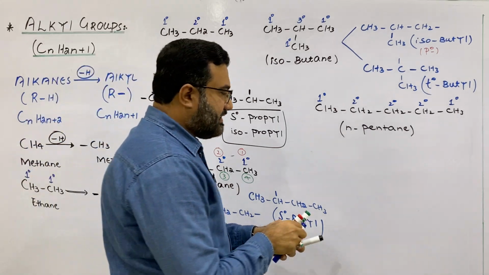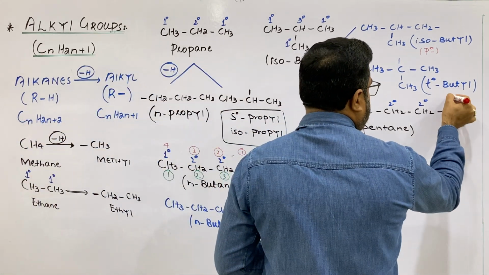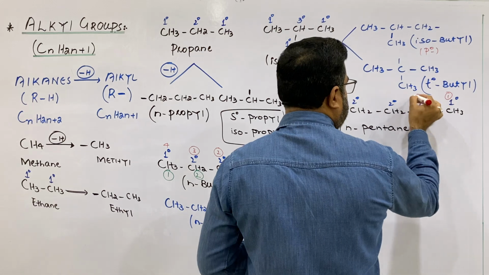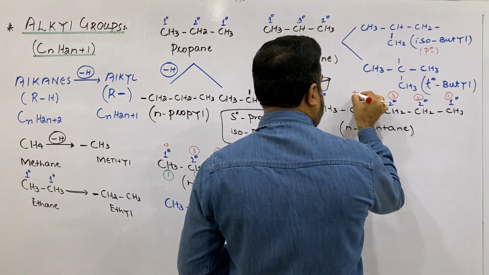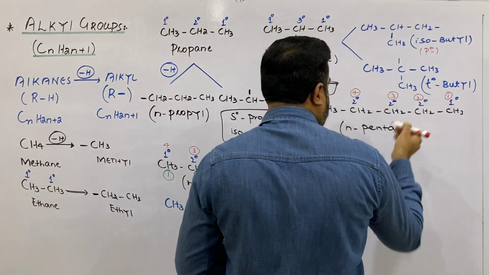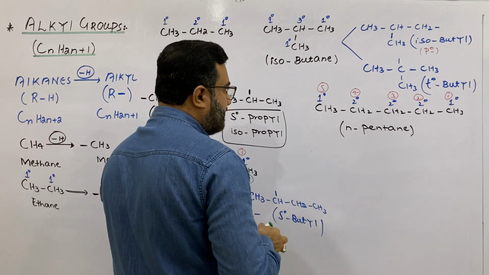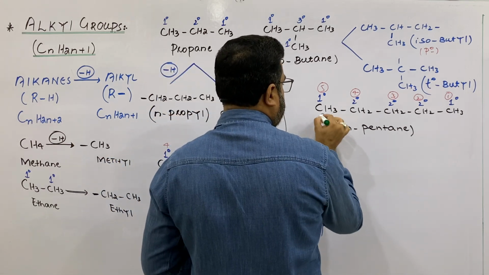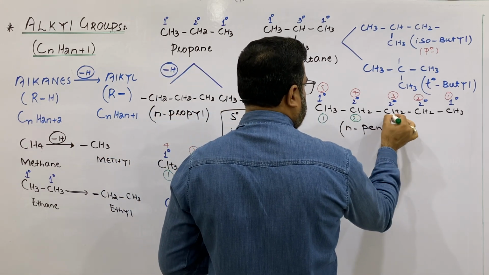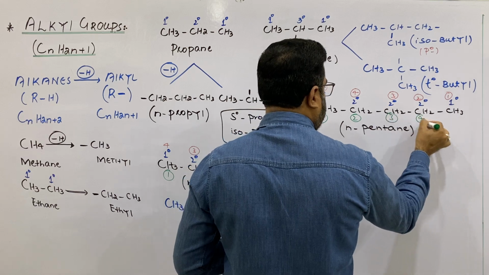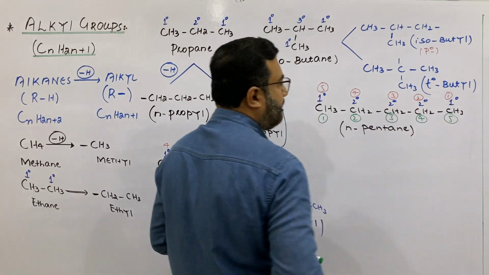Now, my dear students, if you start numbering, it will be carbon number 1, 2, 3, 4, 5. Or you can also number them as 1, 2, 3, 4, and 5.